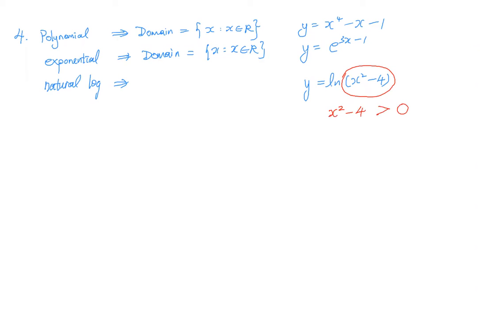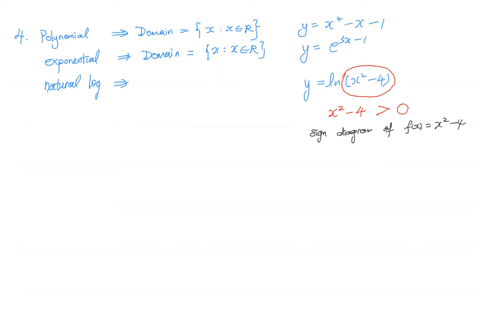In order for us to solve the inequality, we always use a sign diagram. Sign diagram of what? Sign diagram of f(x) equals x squared minus 4. I'm not talking about my y, I'm talking about this one.